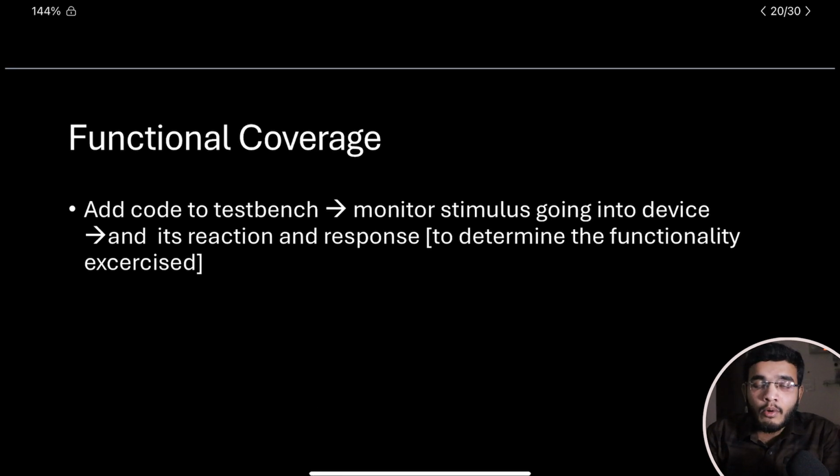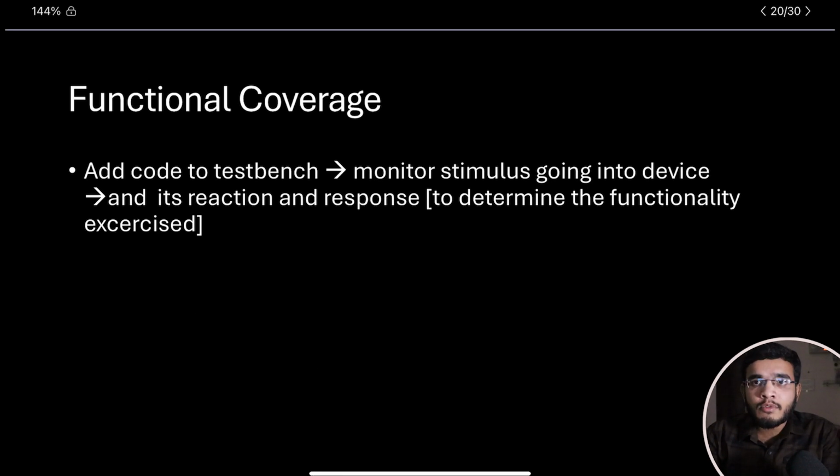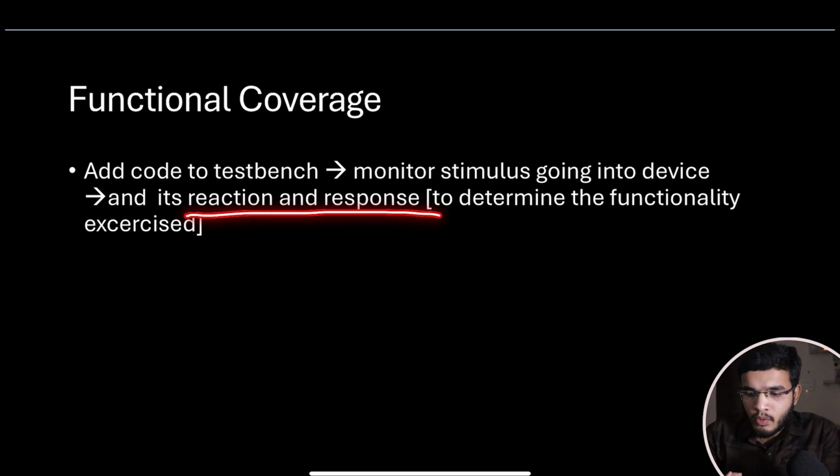As we talked about constrained random stimulus generation, one more important thing next to it is functional coverage. Why we need functional coverage is, you add code to the test bench to monitor the stimulus going into the device, like the DUT, and its reaction and response, to determine the functionality exercised.